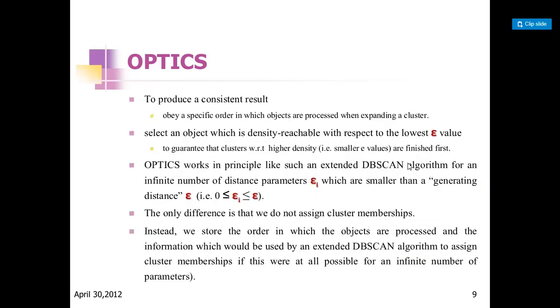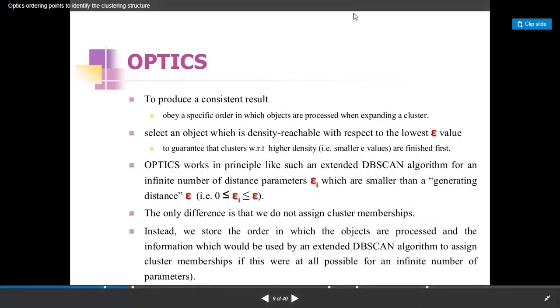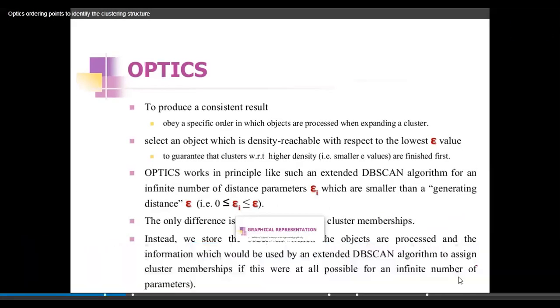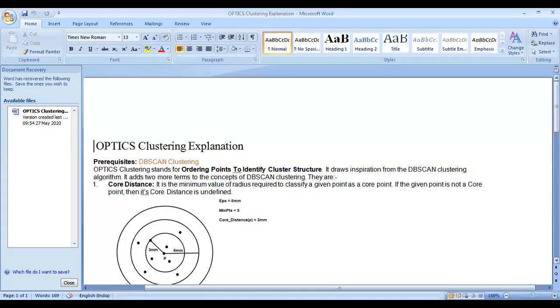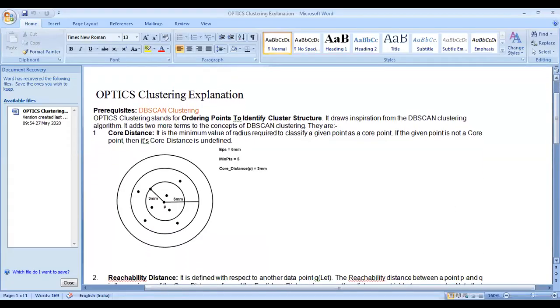For this I want to show you the term that is used in the slide here. In the diagram, a new term has been defined in the OPTICS clustering technique, the core distance. As in the given diagram, we can see that there is a point P and the minimum point criteria is equal to 5.